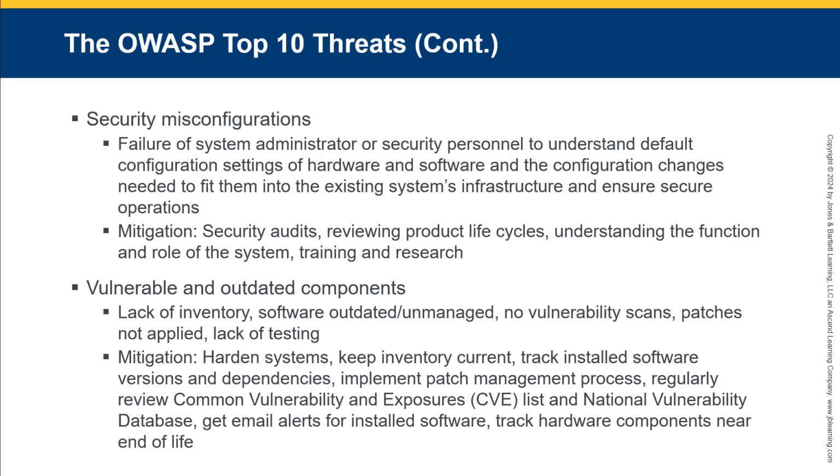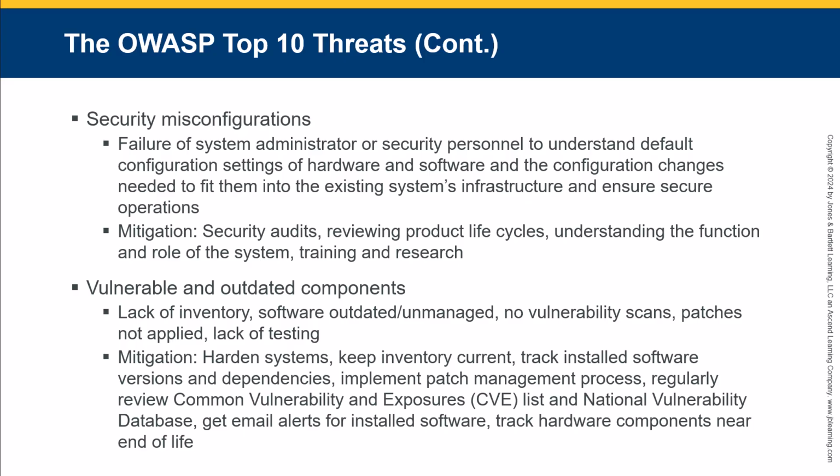Mitigation: test, check, verify. Do security audits, review the SDLC, understand the functions and roles of the system. Train, research, test, verify. Do vulnerability assessments and vulnerability scanning. If it's a custom web app, have a third party check and verify. That way you can make sure things are running correctly.